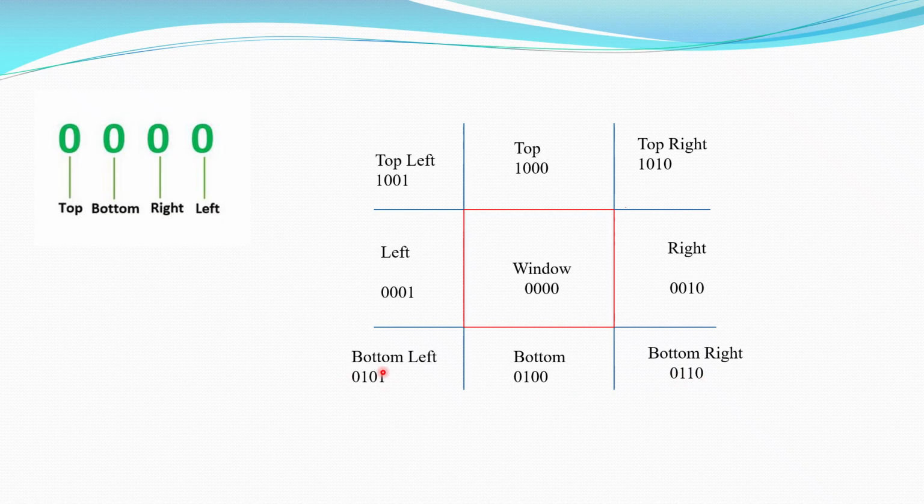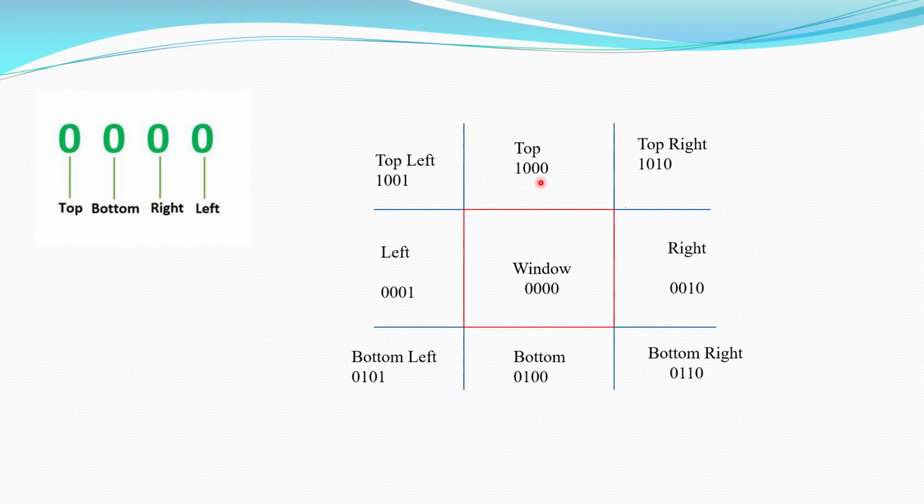Here, bottom left. So top is not there, so it will be 0. It's not a part of right, so it will give 0. Right is there? No, it's the left side. So right will be 0 and left will be 1. So the left region code is 0001. Top left is 1001.